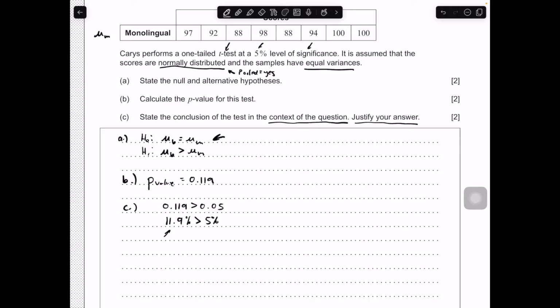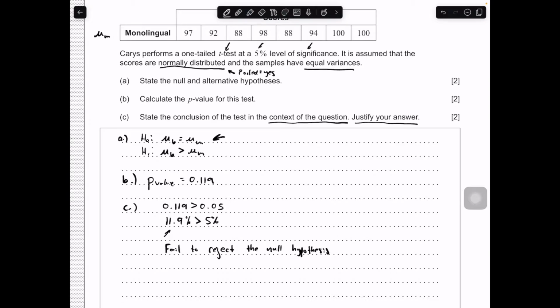It's not that great, but it's not low enough for us to say there's conclusively some kind of difference between these two groups. So in this case, we fail to reject the null hypothesis.